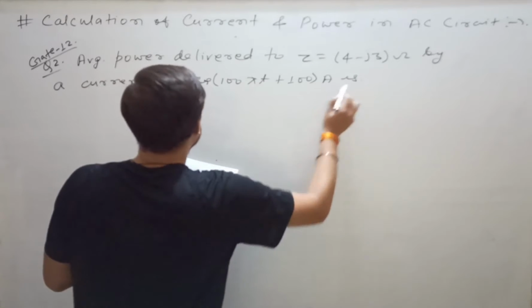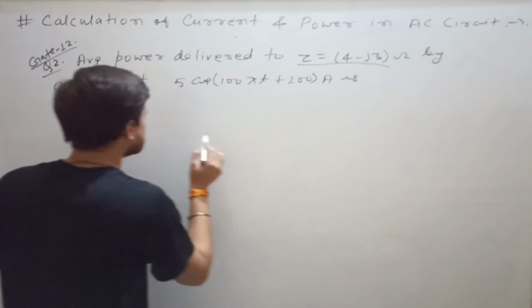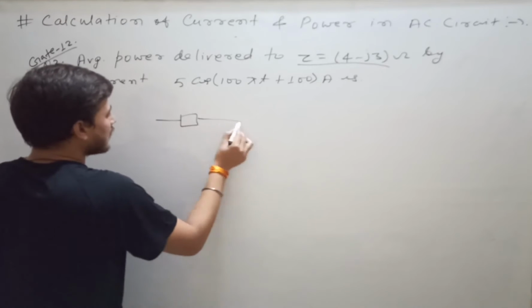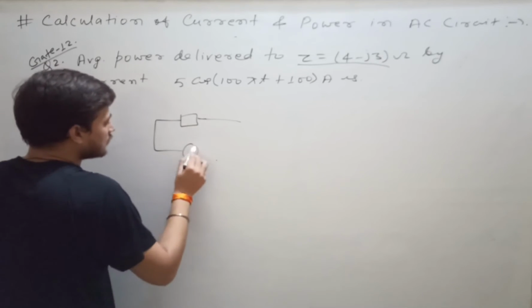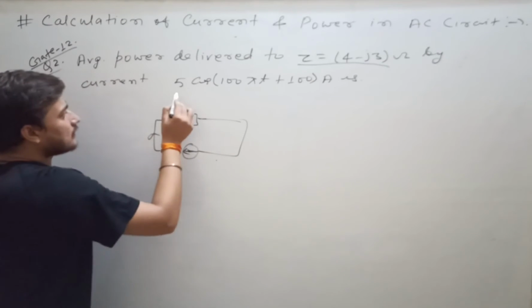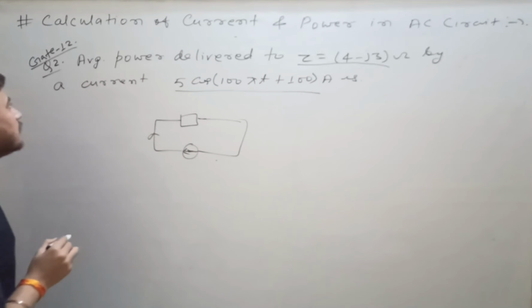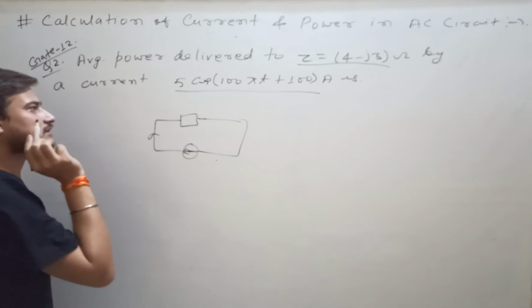An impedance is given to you. This is impedance Z. Now what is happening? There is a current source. This current source is delivering this amount of current. Now they are asking you to find the average power delivered to this load.